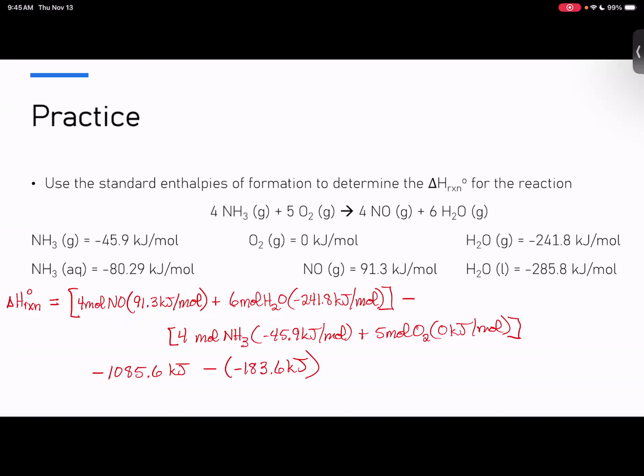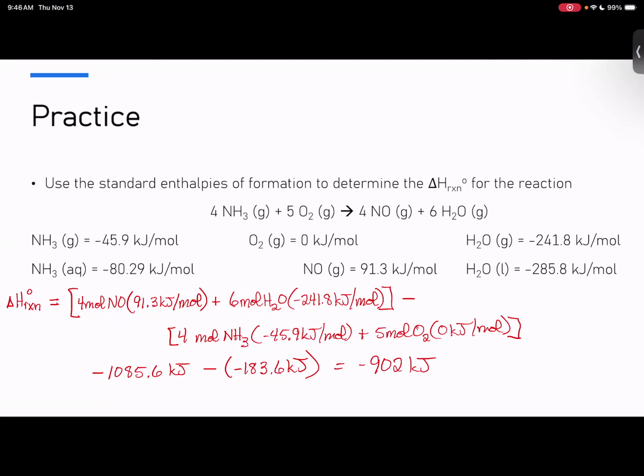Doing this math, you get a value of a negative 902 kilojoules as the enthalpy of reaction under standard states.